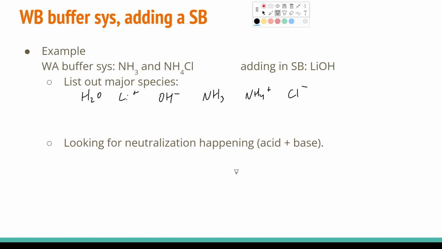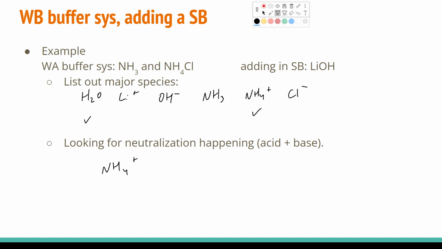So let's look at our acid choices. So our acid choices are water and ammonium. And so I could talk about the same situation as the previous example on why it's going to be NH4 that could deal with the strong base. So it's going to be the NH4 that is going to deal with that.